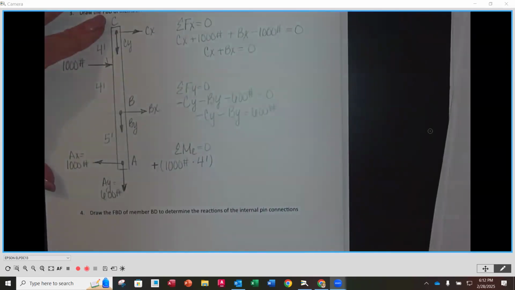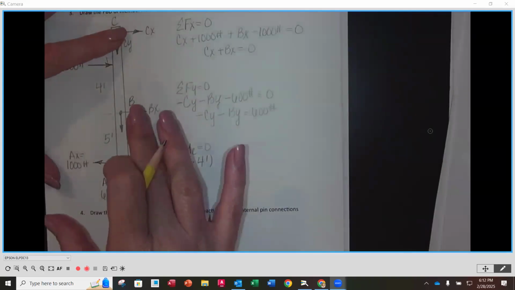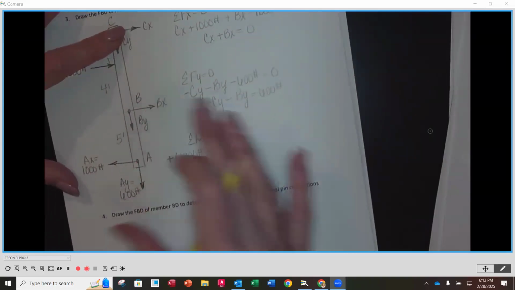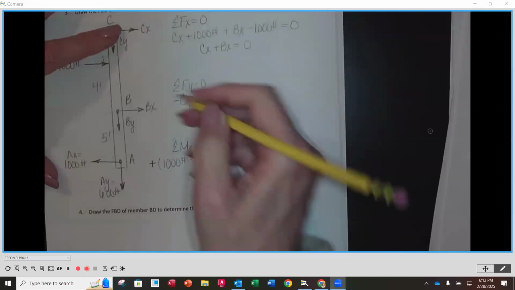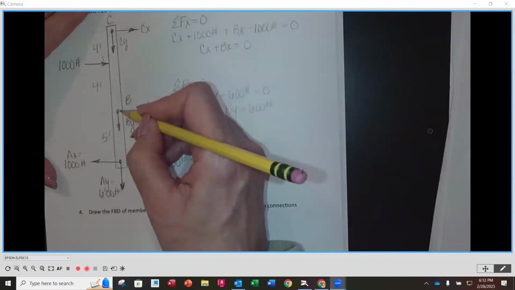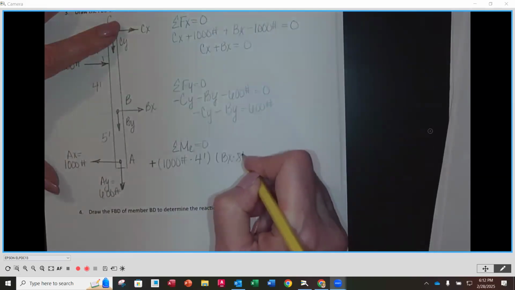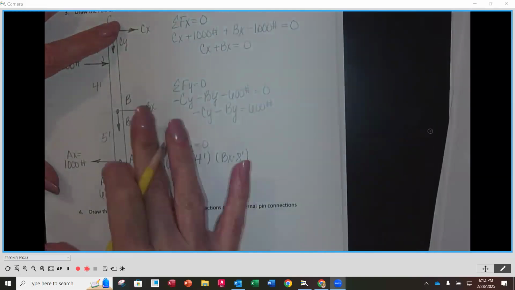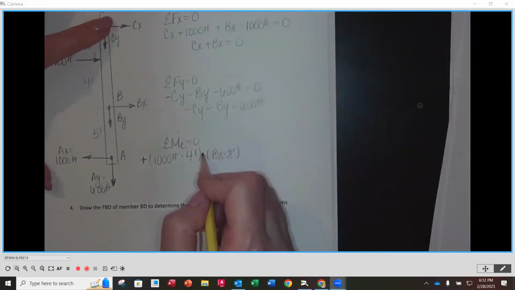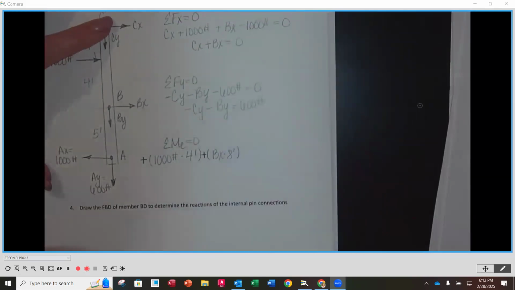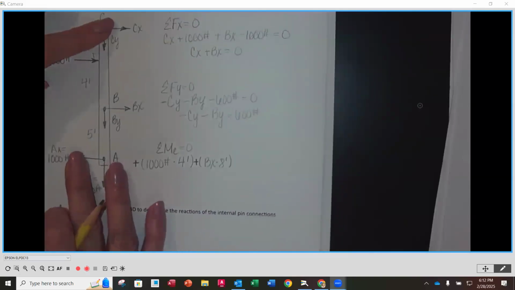That looks good. If I put my finger back on C and I pull in the direction of BX, times, this time it's going to be 4 plus 4, so 8 is my perpendicular distance. It's also pointing so that it would rotate counterclockwise, so that'll be positive out front as well. And then the last one that I have here is going to be AX.